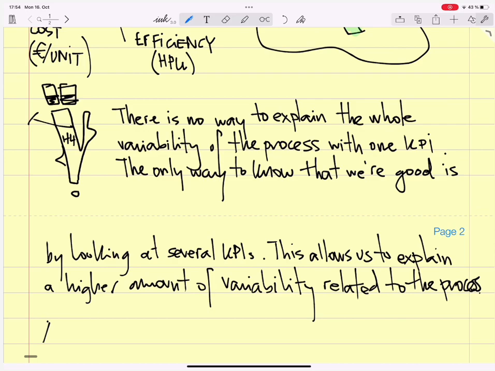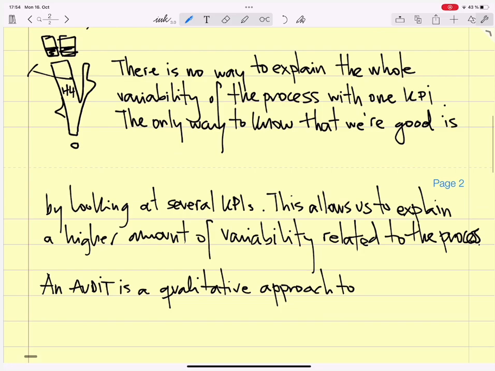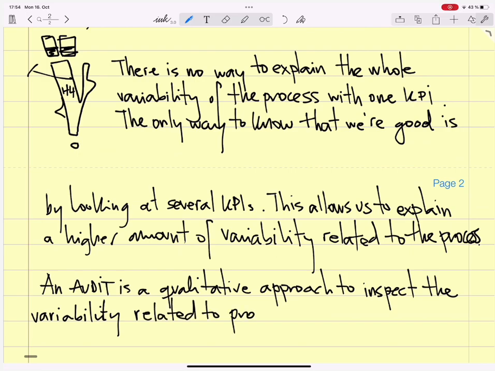An audit is a qualitative approach to inspect the variability related to processes, right?